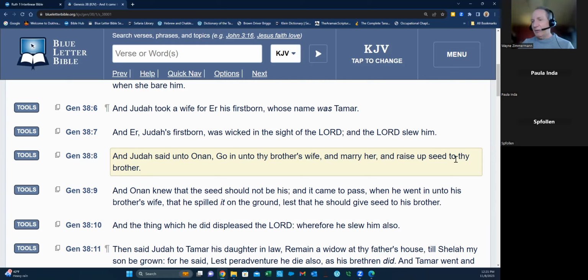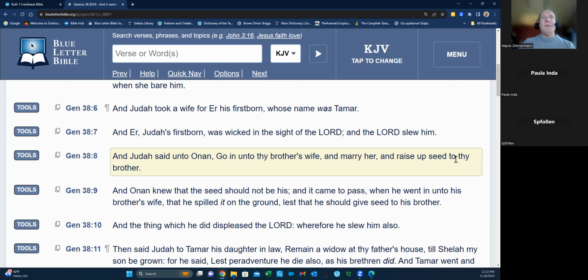It is a little relevant because we see that Jesus spoke about it when the Pharisees came to tempt him and said, "Remember this guy? He had seven brothers, and the first one took a wife, and then he died. The second one took her, he died. The third one took her, and then all seven died, but she lived. And in the resurrection, whose wife would she be?" Remember that story? This is where it is based, in this levirate marriage.